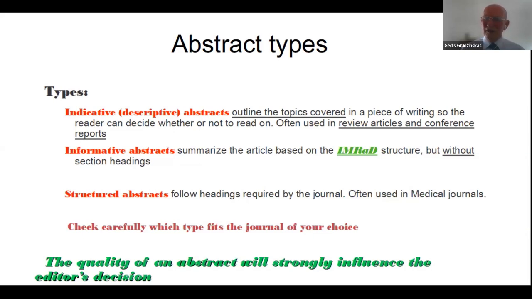But all of this, in addition to the title, is aimed to improve the quality of the abstract, which will make the editor and the reviewers look more favorably on the hard work that you've put in that resulted in the manuscript you have submitted.